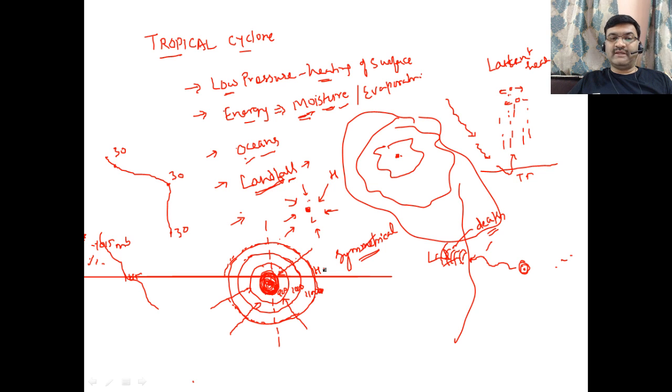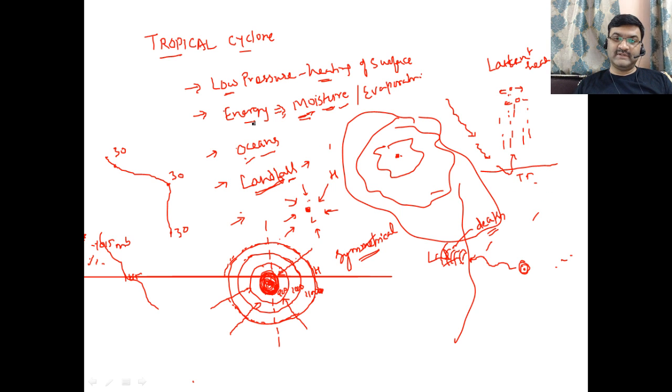So now you tell me that in which season the cyclone will be more intense? Tropical cyclone will be more intense in summer or winter? When will the intensity of the cyclone increase? See, energy of the cyclone is related to what?